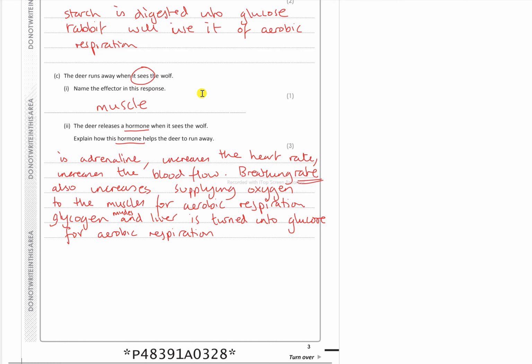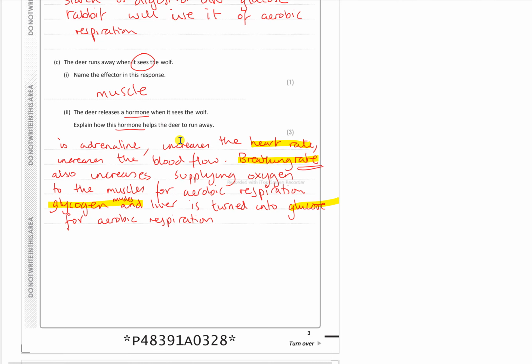That'll cover it. So what's going on? Your heart rate for more blood, breathing rate for more oxygen, more glucose for aerobic respiration, for energy for the muscles.